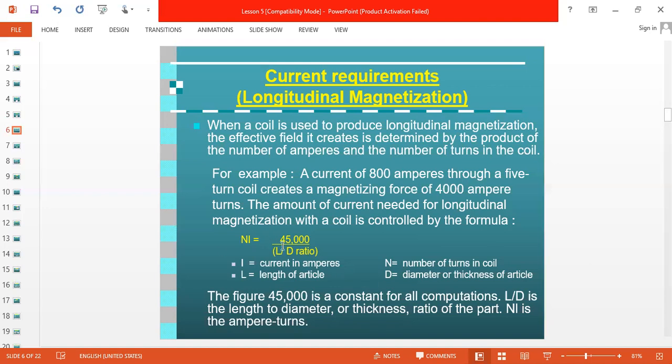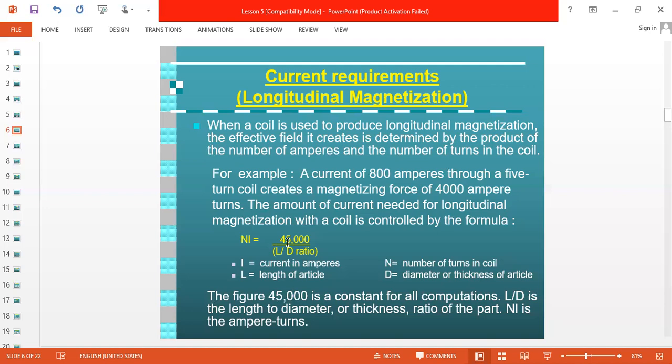There is one more formula: 35,000 divided by L/D plus 2. This formula works when the L/D ratio is greater than 2 and less than 4.